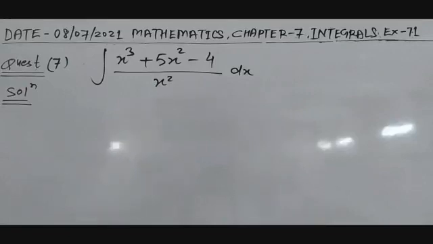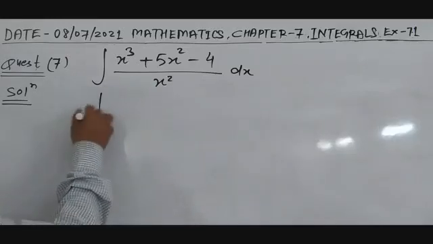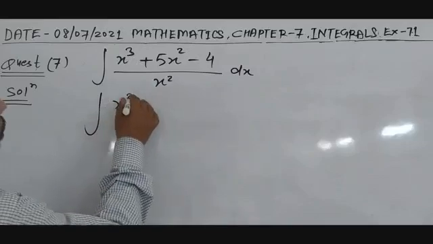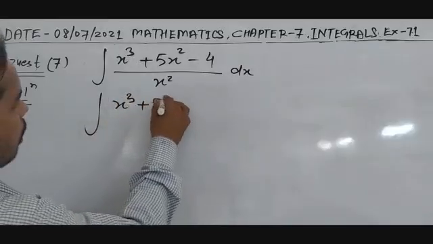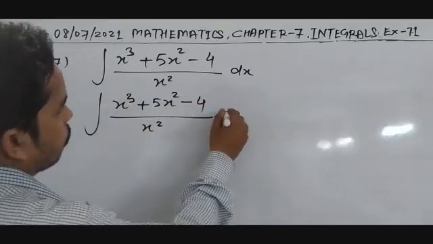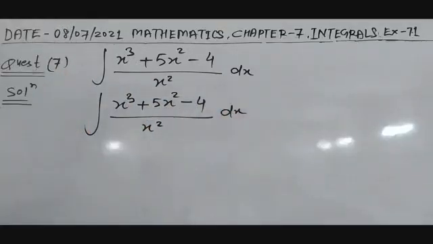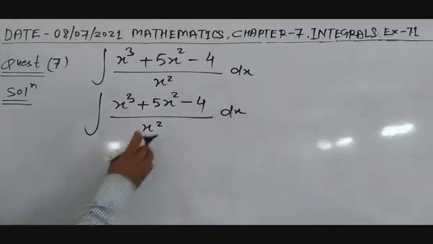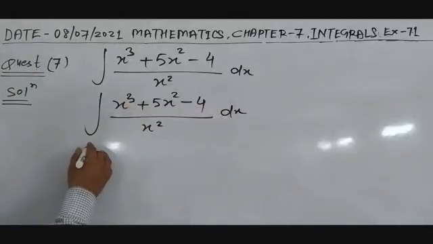Now in this class I will discuss question number 7. Question number 7 is the integration of x cube plus 5x square minus 4 whole upon x square dx. So first of all, write this expression. Now distribute x square in the 3 terms.